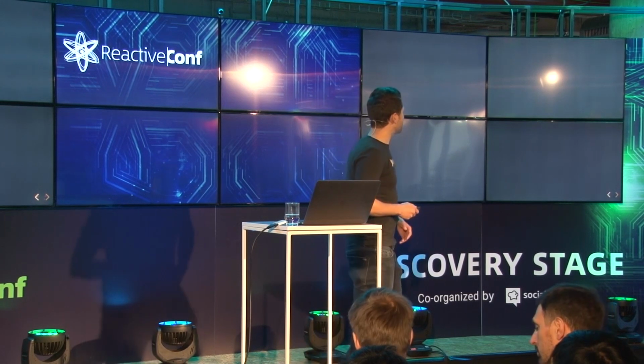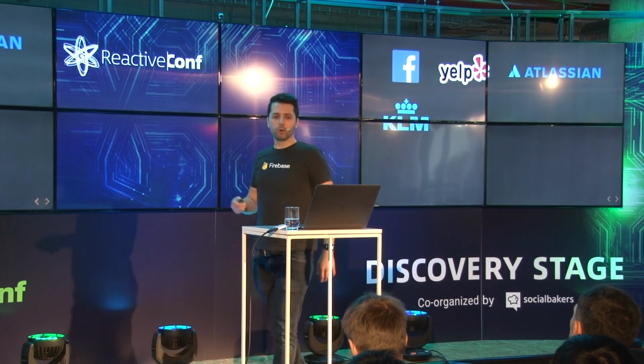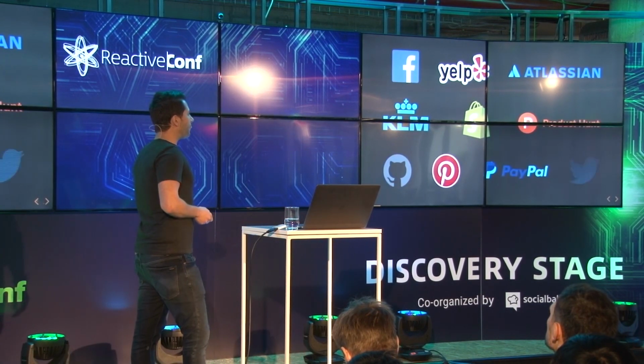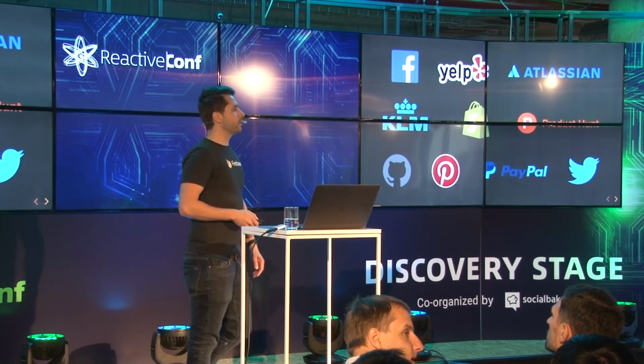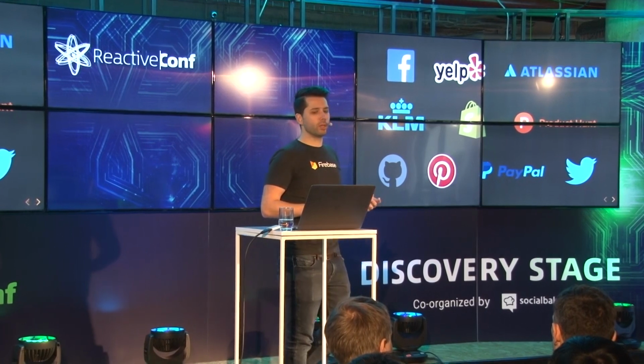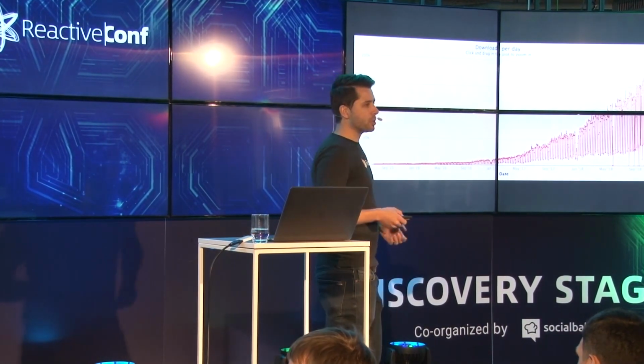GraphQL is everywhere, is what I would say. And it's not hard to see that that's the case when we see all these well-known companies who are making use of it. I'm sure we're all pretty familiar with these logos. So GraphQL is really on the rise. And aside from just these big-name logos that are using GraphQL these days, the numbers also show us a trend that there's a lot of adoption happening.